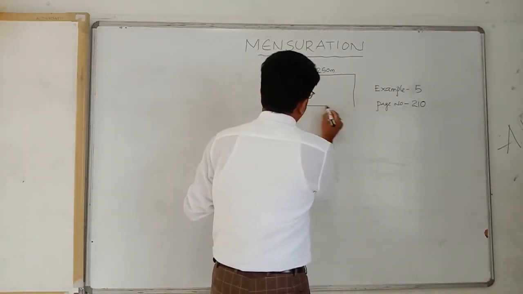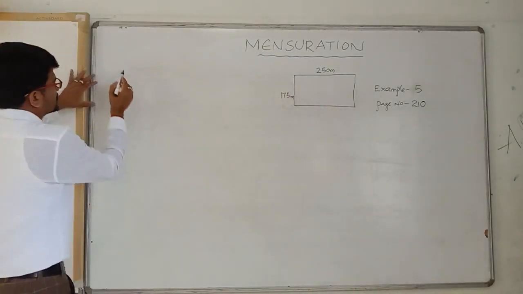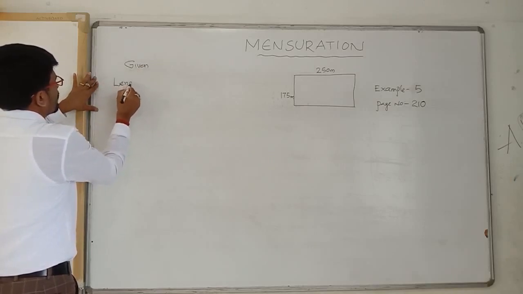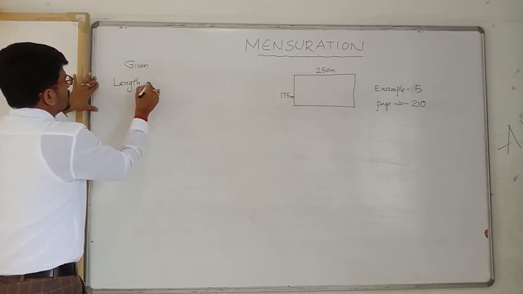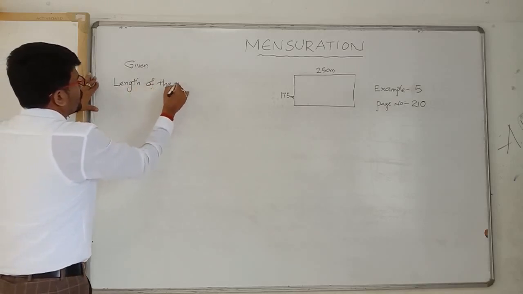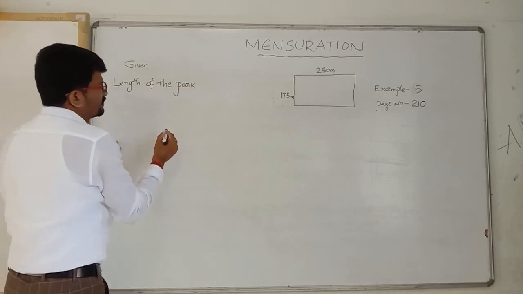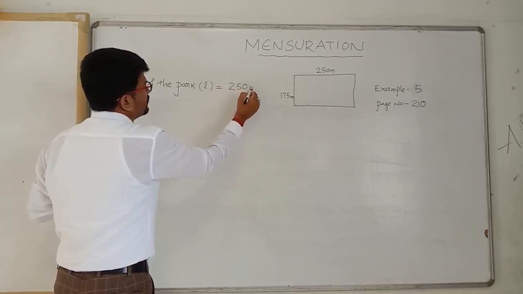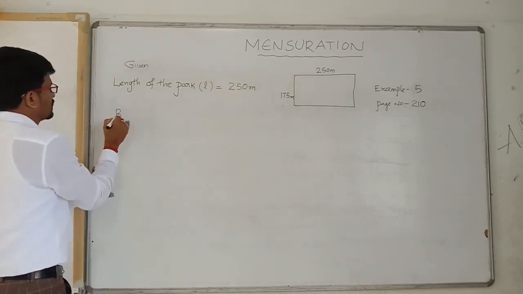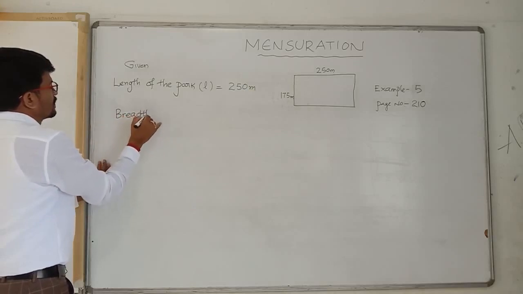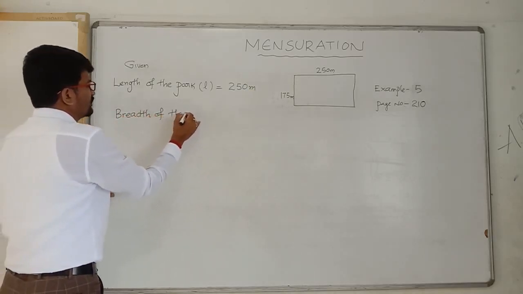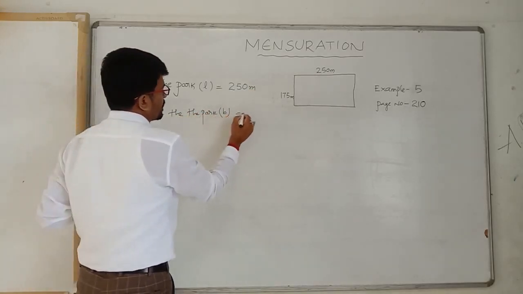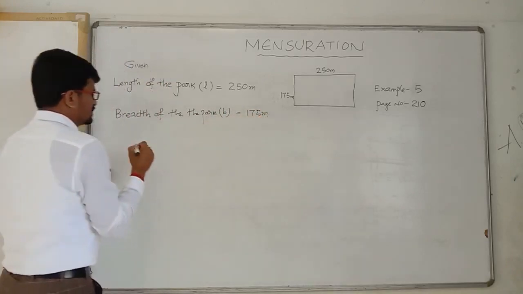Now, given: length of the park, L, is equal to 250 meters, and breadth of the park, B, is 175 meters.